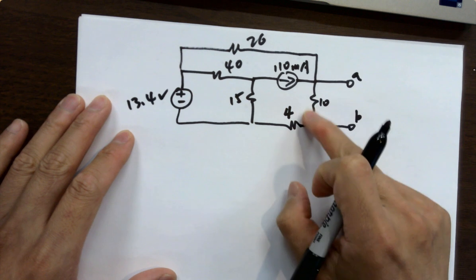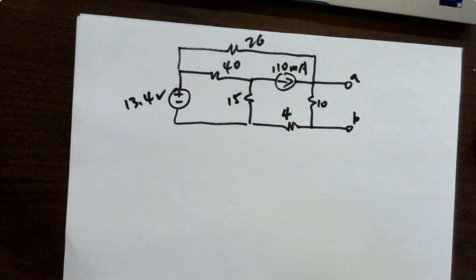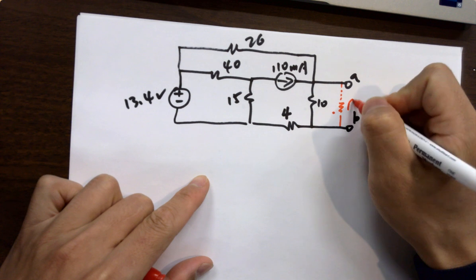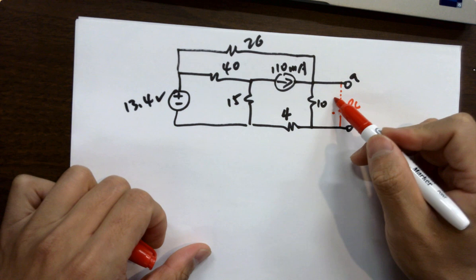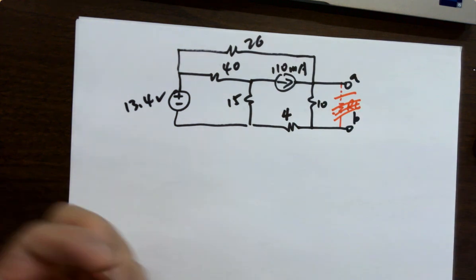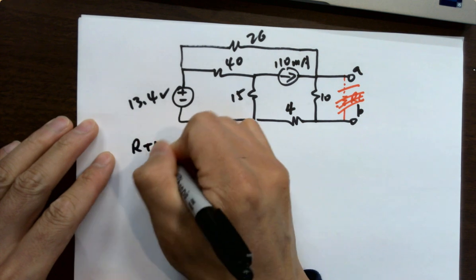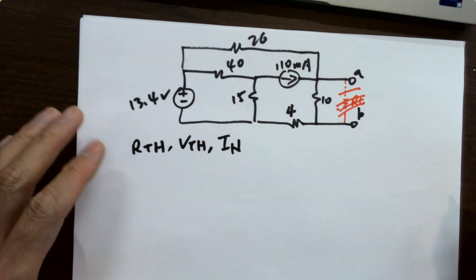Don't treat this guy as a load. Usually the load will be connected to the two terminals. It's going to show you RL, something like that. Okay, so this is not a load. Keep in mind, the load is already removed, and it's asking you the RTH, VTH, and possibly IN as well.